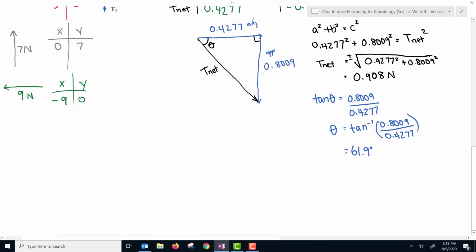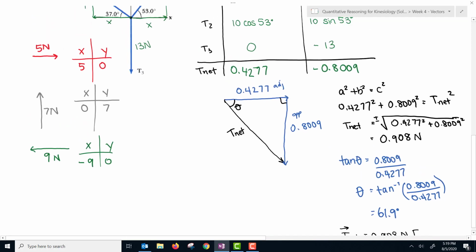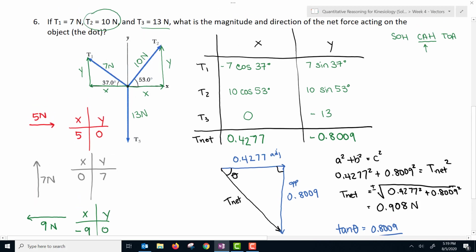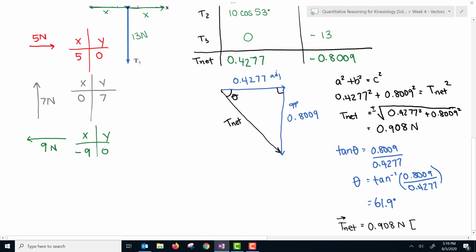Okay, so finally I can write my final answer, which is that the net force as a vector, meaning I'm going to include both my magnitude and my direction, is 0.908 newtons. That's my magnitude. And my direction, let's look at the original question. The original question just gave us an x and a y axis. It didn't give us northeast, southwest. Okay, so here, I'll just draw in my x and my y axis. This would be my x-axis.